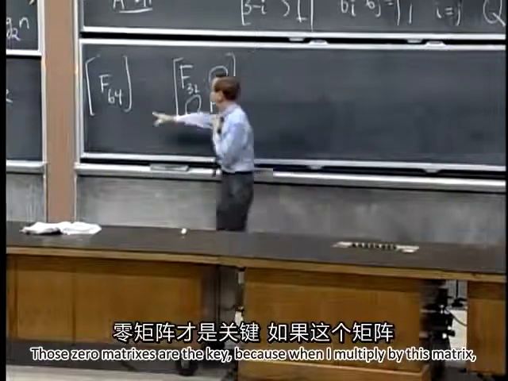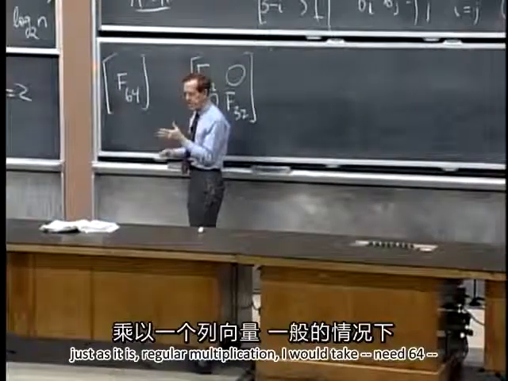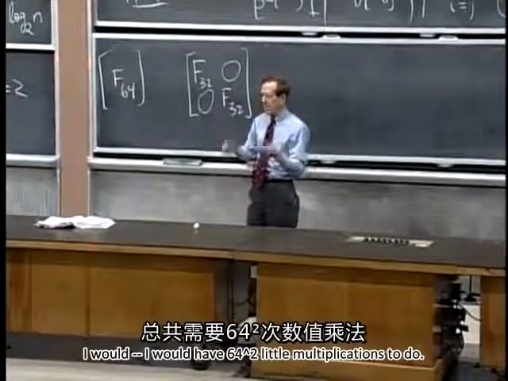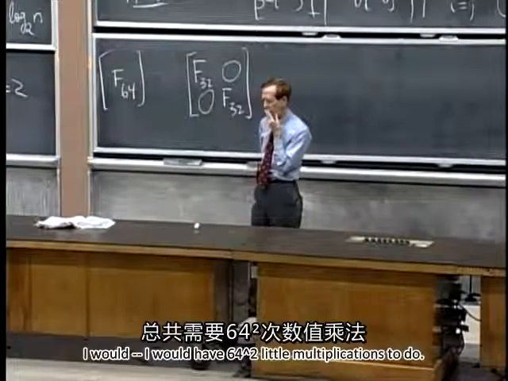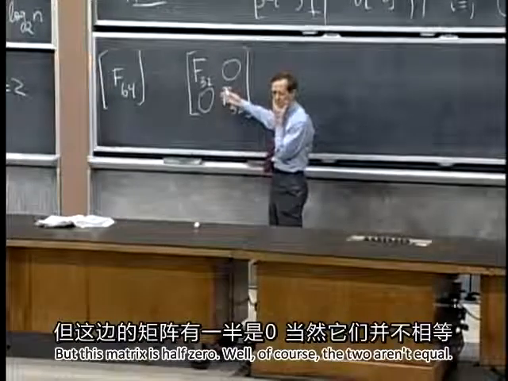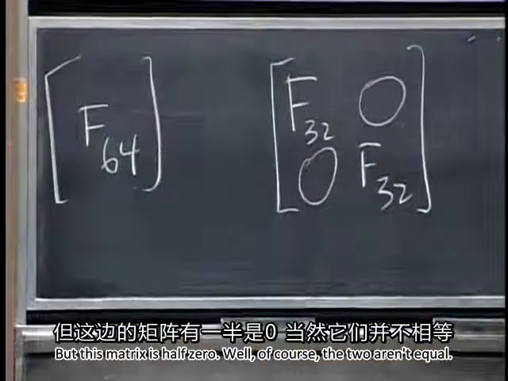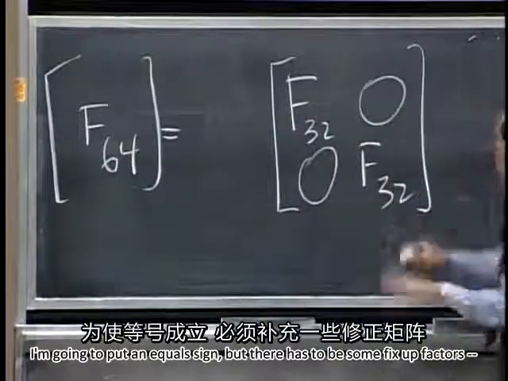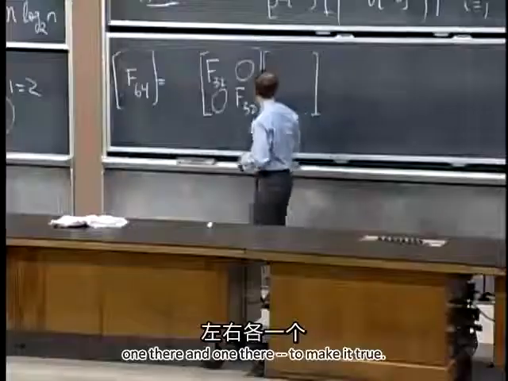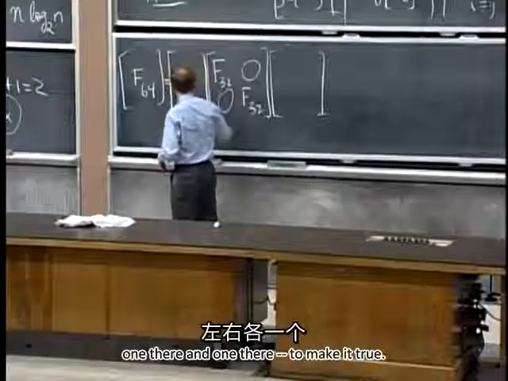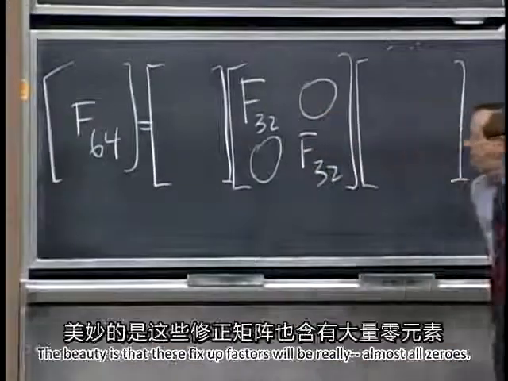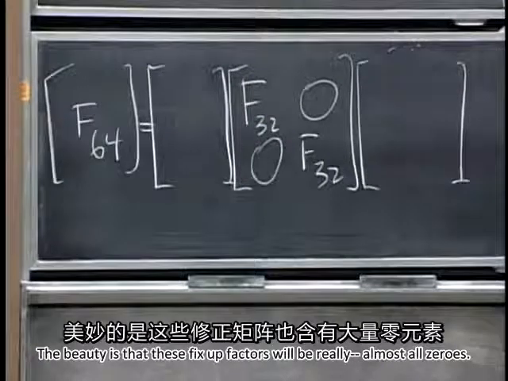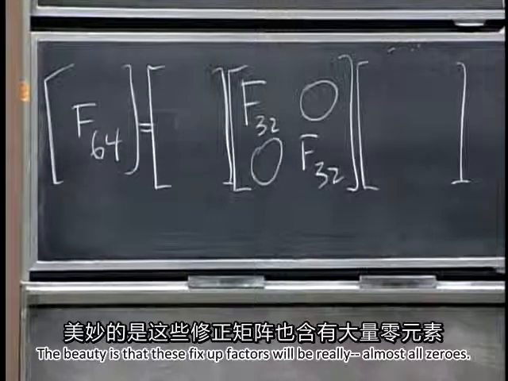Because when I multiply by this matrix, just as it is, regular multiplication, I would have 64 squared little multiplications to do. But this matrix is half zero. Well, of course, the two aren't equal. I'm going to put an equal sign, but there has to be some fix-up factors, one there and one there, to make it true. The beauty is that these fix-up factors will be almost all zeros.